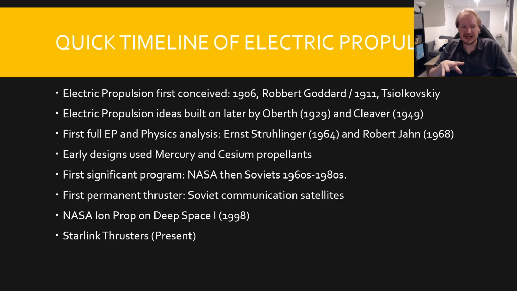The first designs used mercury and cesium as propellants. We don't use metals as propellants in ion propulsion as much anymore. They are still used in electrospray thrusters, but mercury isn't really used at all anymore because it's not the most efficient and it has a lot of toxicity issues. It's not very safe or easy to work with. Cesium is used sometimes.